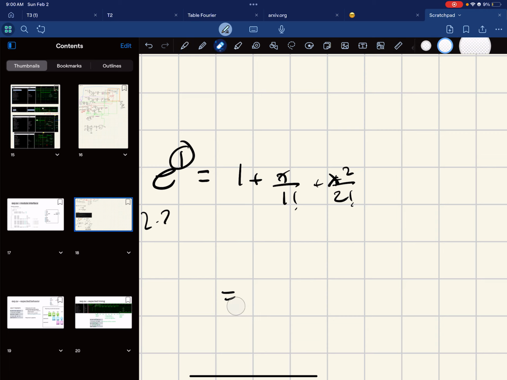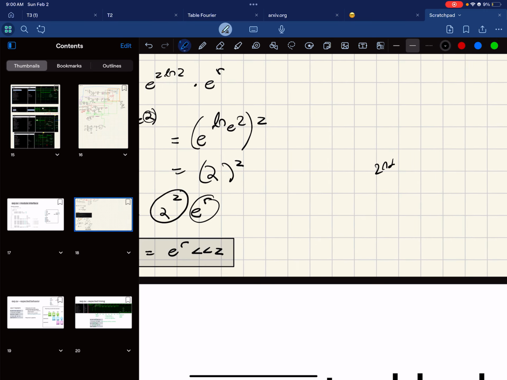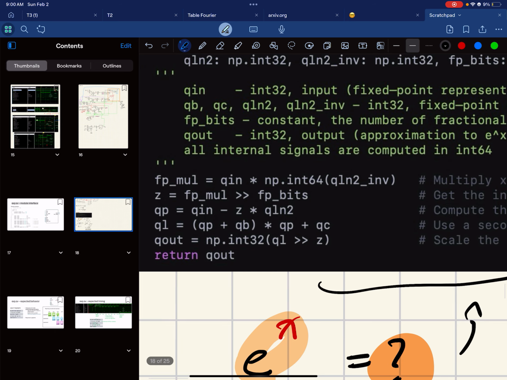Doesn't matter. But basically, you can approximate that part away by a Taylor polynomial up to the second degree, to give you e to the whatever is left over. Fair enough. And so that's all this code is doing. All we're saying is z is equal to x divided by ln e of 2, that is, multiply x by the inverse of ln 2, which is 1 over ln 2.